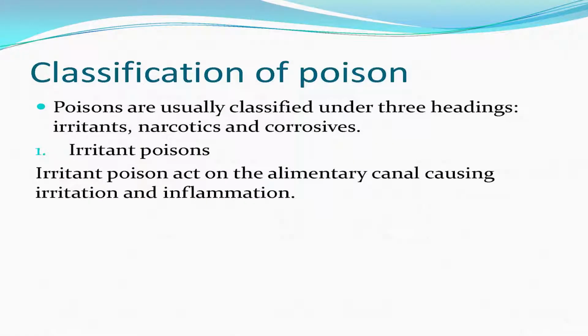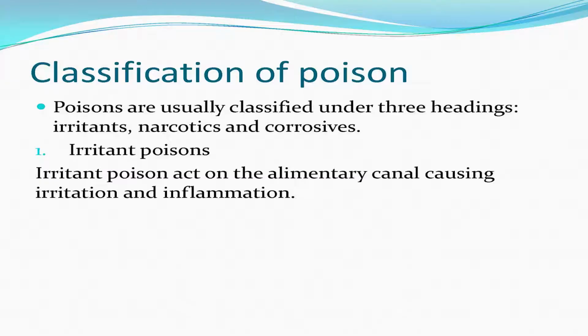Classification of poison. We have irritant poisons, narcotic poisons, and corrosive poisons. Three of them that we will consider. Irritant poisons act on the alimentary canal, causing irritation and inflammation.